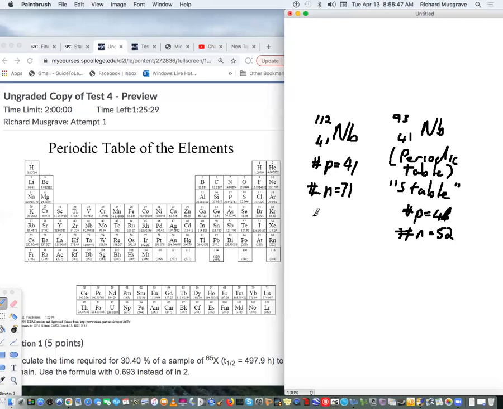So as you can see, I would call this neutron rich, because it has more neutrons than it would have if it was supposed to be stable, and we know it's stable by getting it off the periodic table.